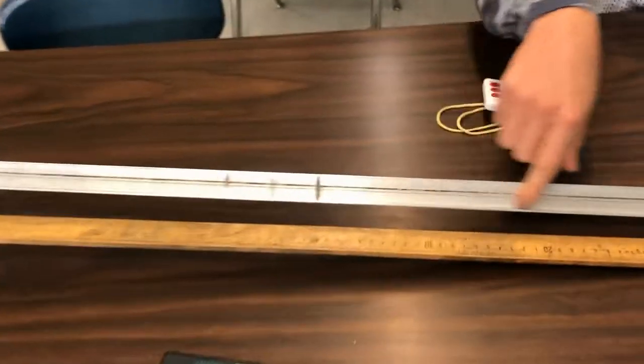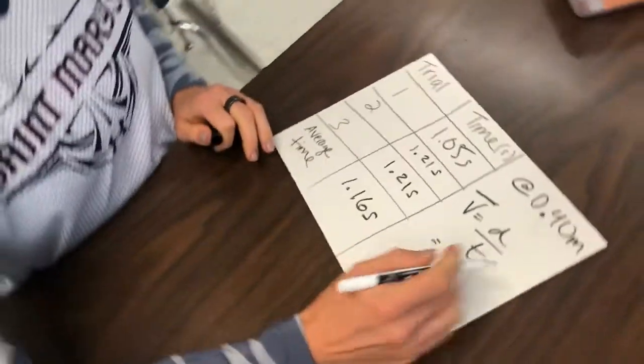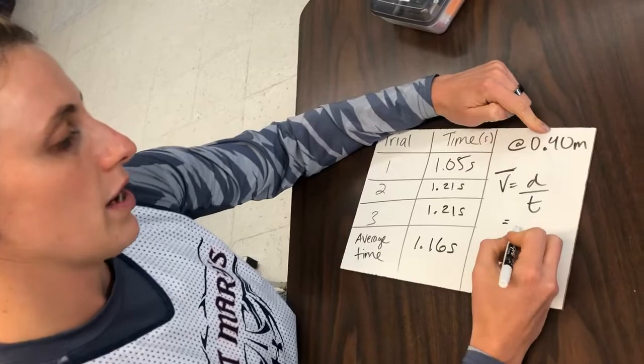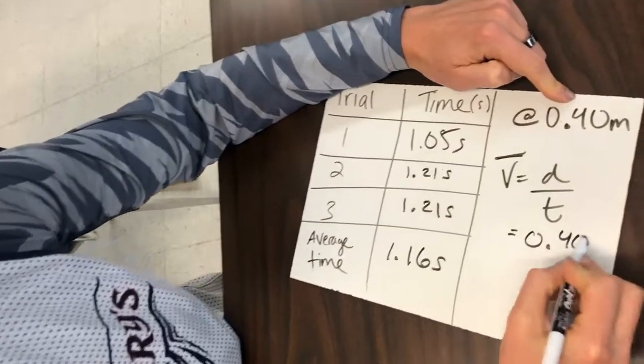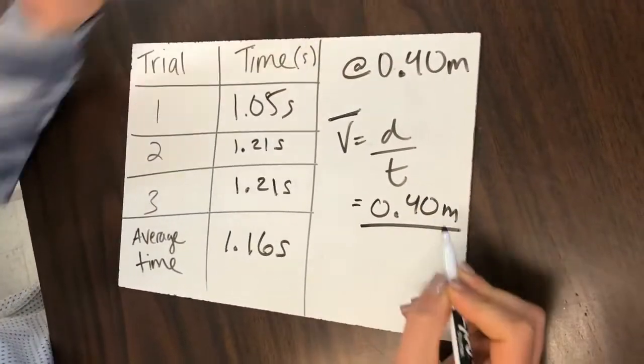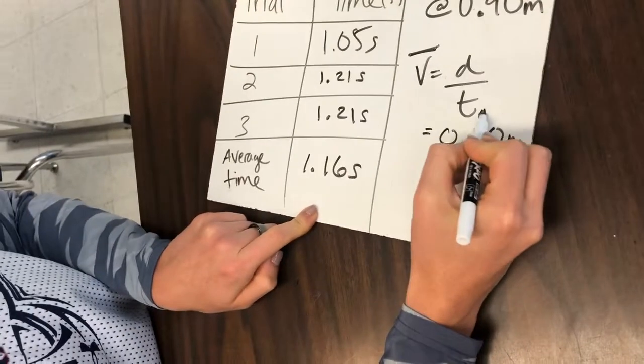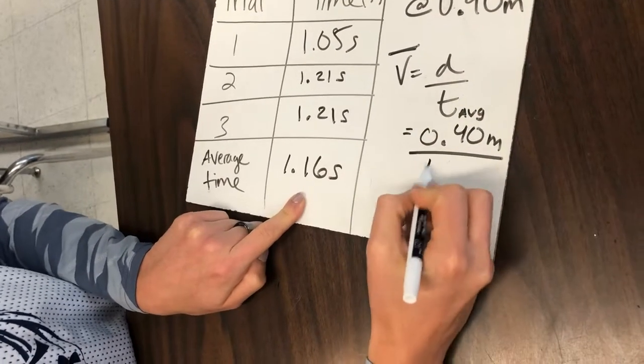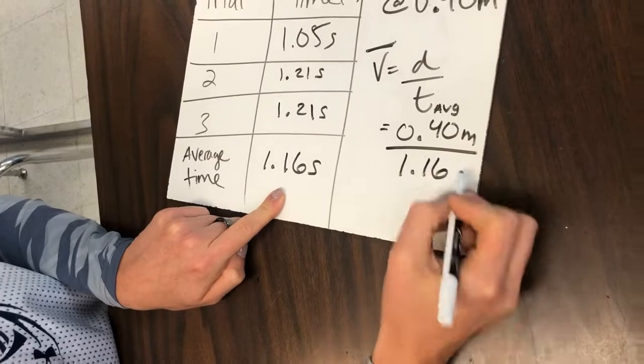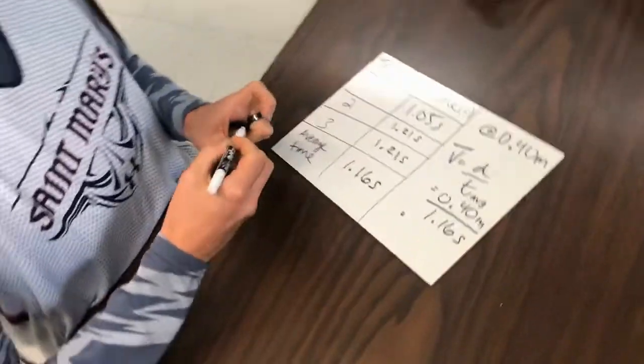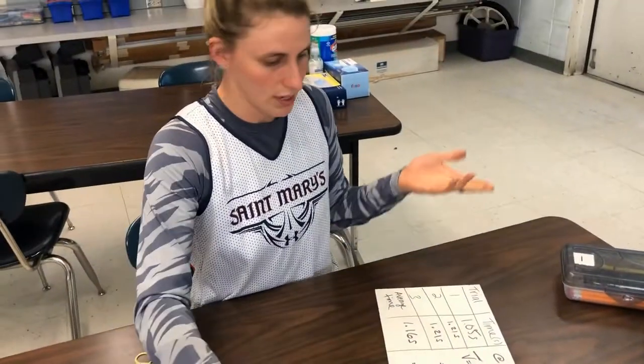That's the where we let go of the ball from on the ramp. Okay, so we can do this. So we're gonna say equals the displacement, which is this number right here, 0.4 meters. And I'm gonna divide it by my average time, which was 1.16 seconds. Now again, the reason that we have an average time down here is just because Miss Moore messes up.